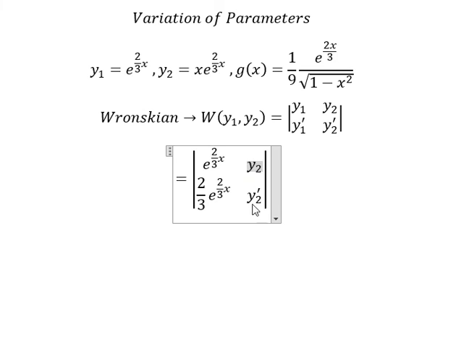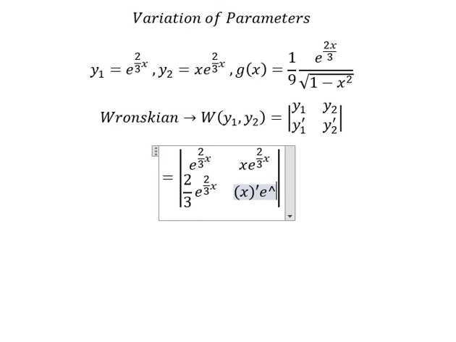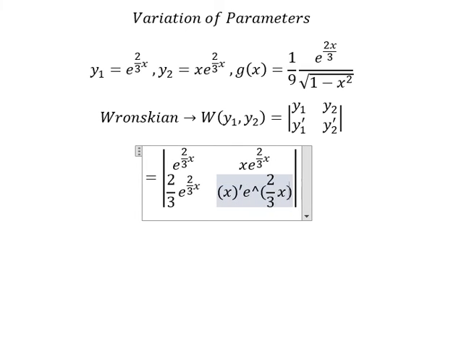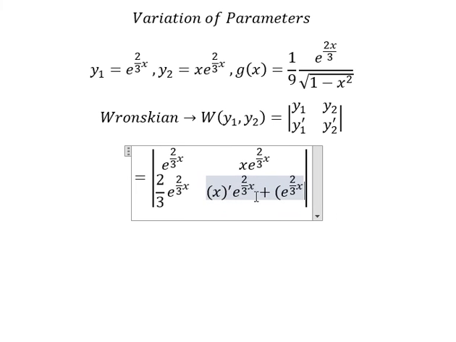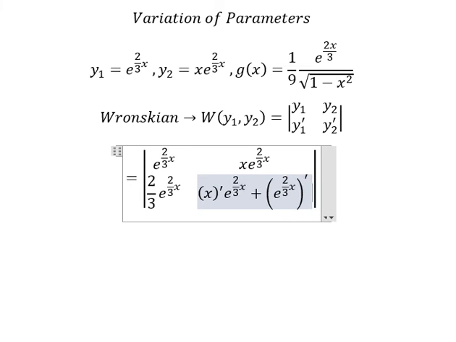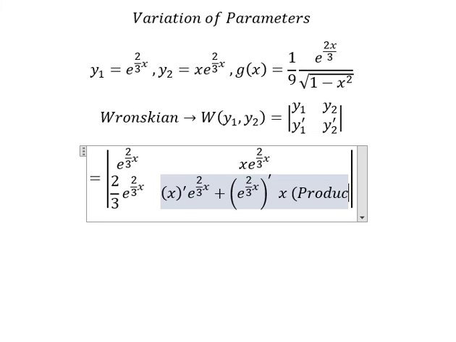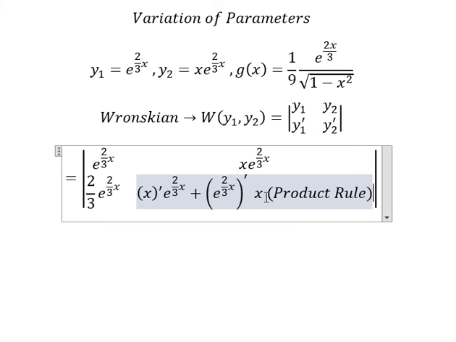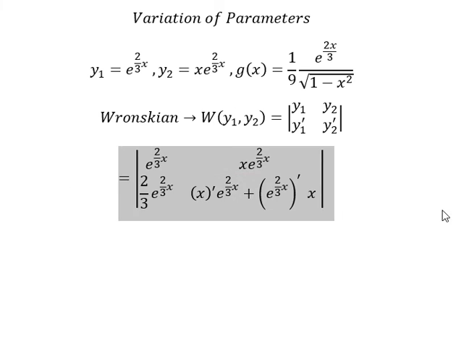So if we do the first derivative of y2, we need the first derivative of s multiplied by e to the power of 2 over 3 s plus e to the power of 2 over 3 s with first derivative multiplied by s, and that is the product rule of the derivative. So we simplify.